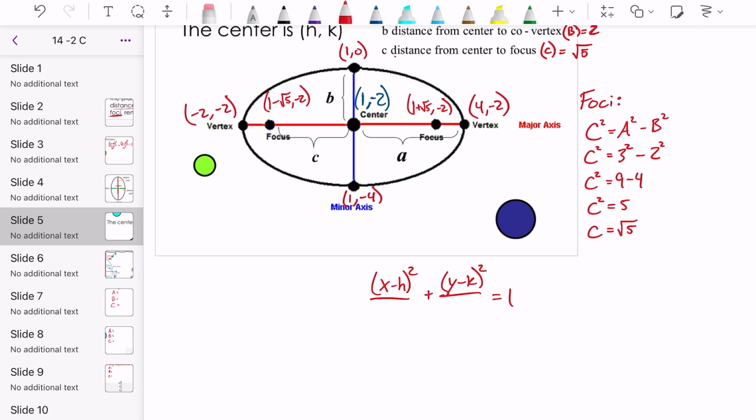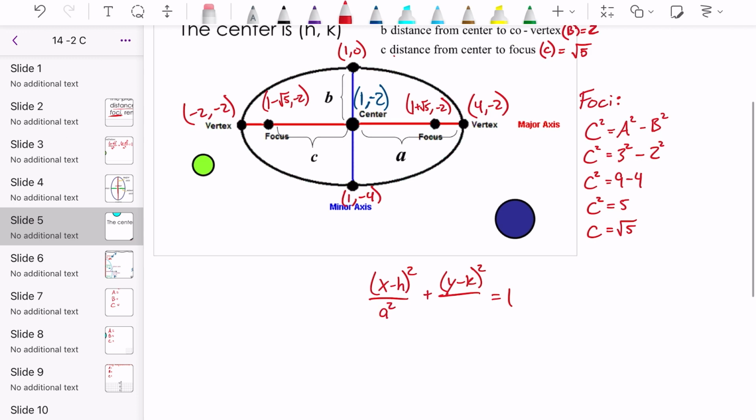The fact that the ellipse that we're looking at is horizontal would mean that we would have our a squared underneath x minus h, and b squared underneath the y. What you would do is you would go ahead and plug in the values that you have for this equation.